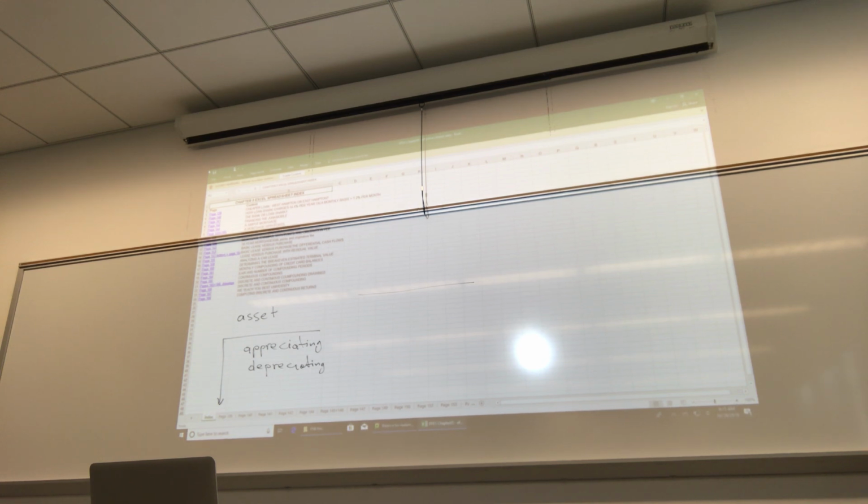Besides the general appreciation of values, we have cases when things change in price. For example, when I talk to old people about moving to New York, they tell me, yeah, you remember when the metro was 5 cents?